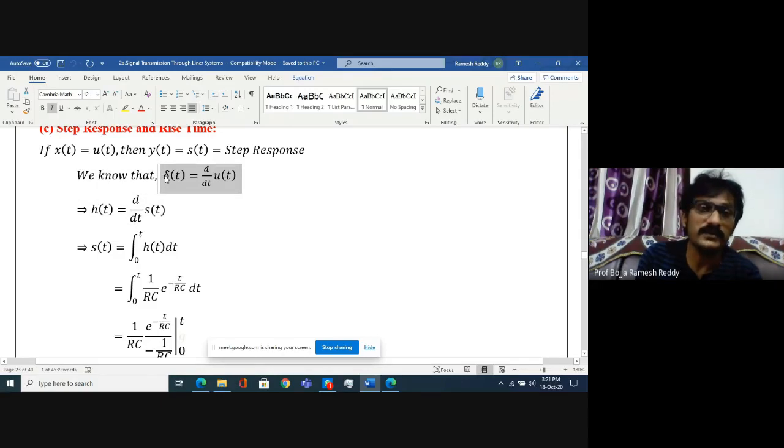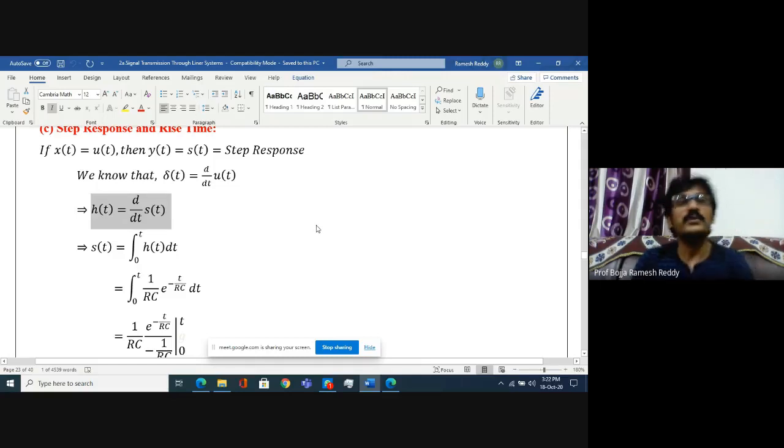Analogously, the output of a system when the input is u of t is called the step response. Therefore, h of t is equal to d by dt of s of t. This is another important relation between impulse response and step response.